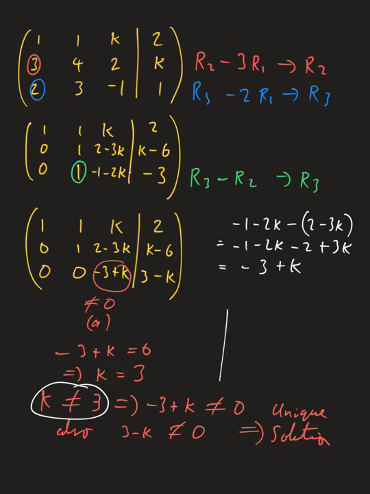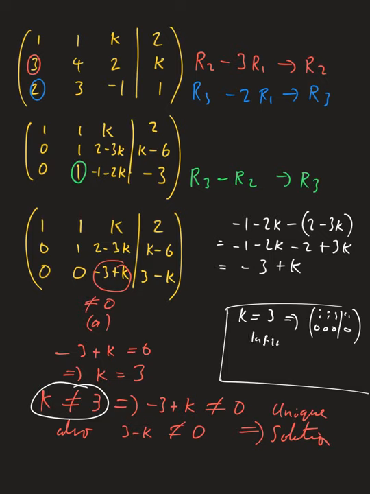So I'm just going to put this in a box here. K is equal to 3. That means that my matrix, I have a load of stuff there and I get 0, 0, 0, 0 there on my last row. So that's the infinite set. So part B is k is equal to 3. That's the condition to have more than one solution.